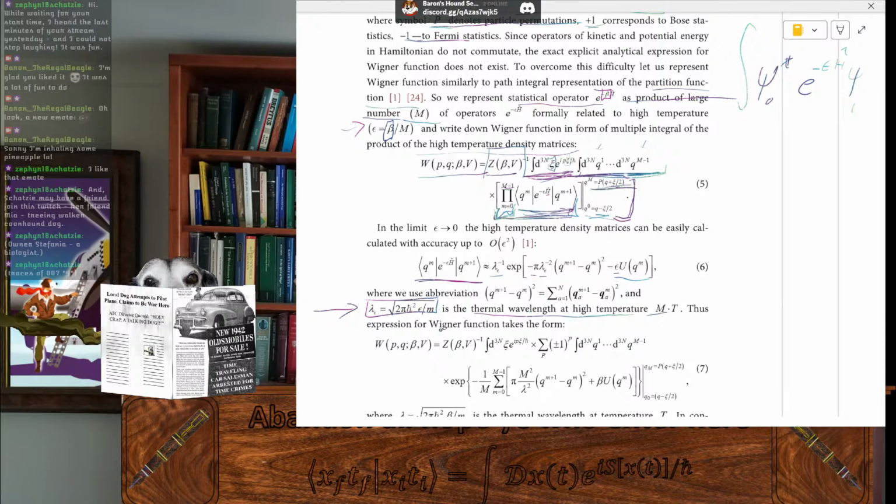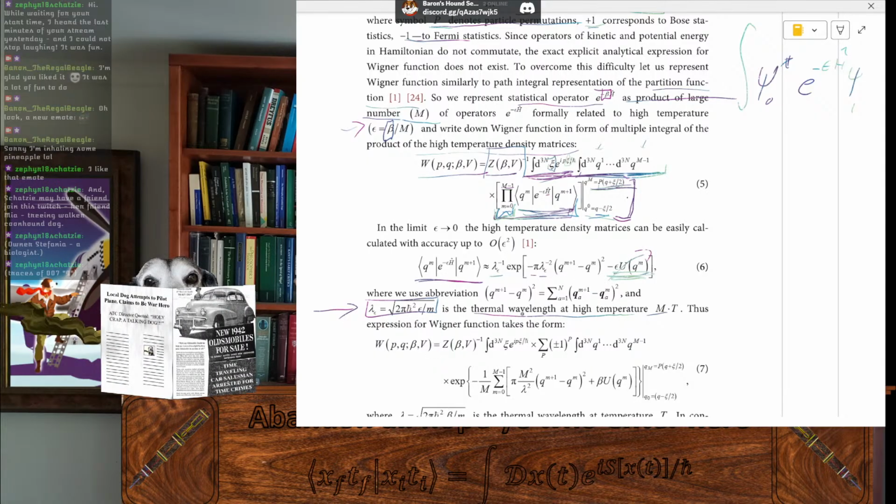Let's see. U of q m. So here's my question. If epsilon is approaching 0, can we drop this? I'm not sure what that U function is. But I suspect, since epsilon is approaching 0, you can probably just drop that, right?